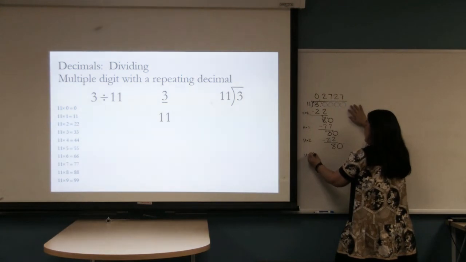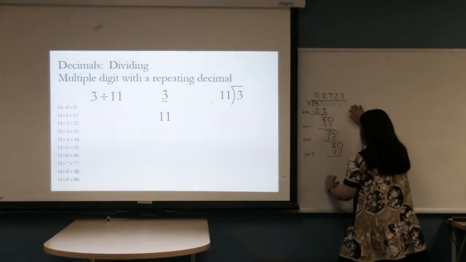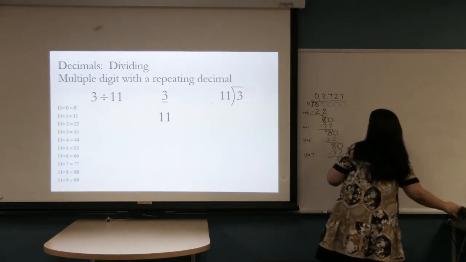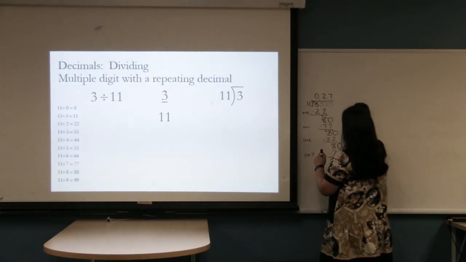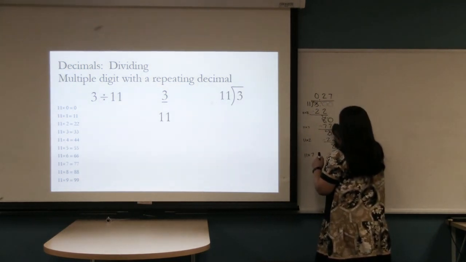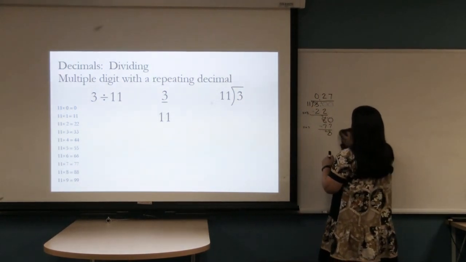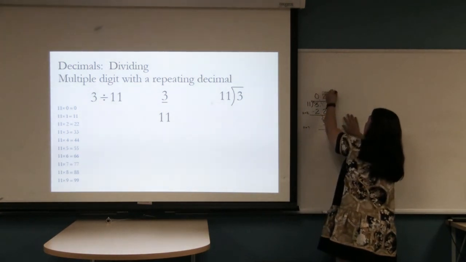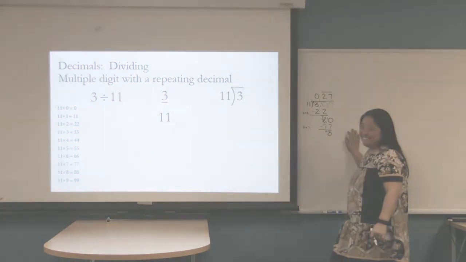So instead of doing this over and over for the rest of our lives, we can actually rewind back to the first 27, as soon as we realize that we're going around in circles, and that we're going to get another 30, and we put a bar over this, meaning the 2, 7, and 2, 7, and 2, 7 will keep repeating forever.